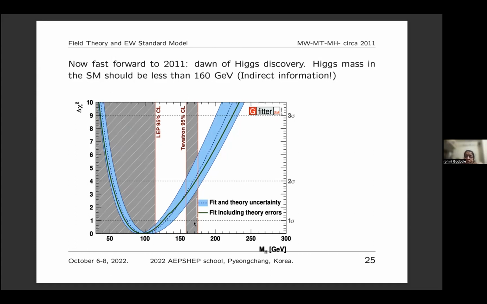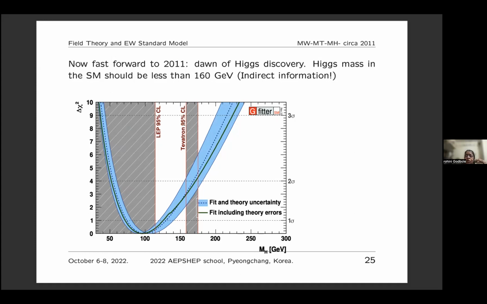And then Tevatron actually kicked into the game. But Tevatron, being a p-bar p machine, didn't have as beautiful and clean an environment as the e+ e- machine, and could look for the Higgs only if it was decaying into one real W and one virtual W. So H going to WW* was the only channel that Tevatron could effectively hunt in.